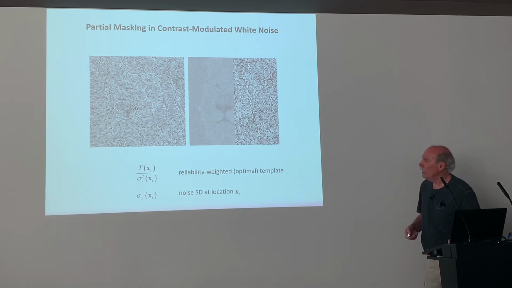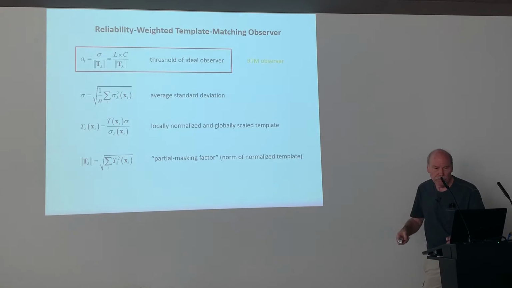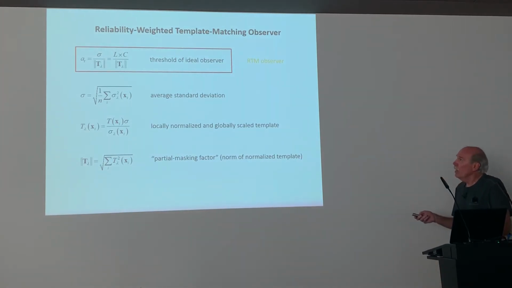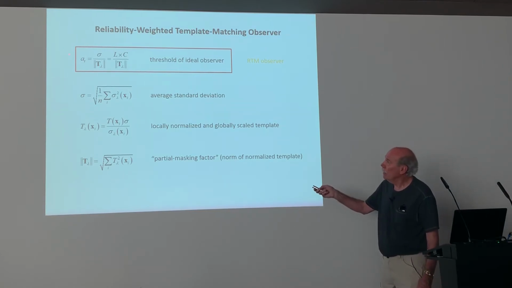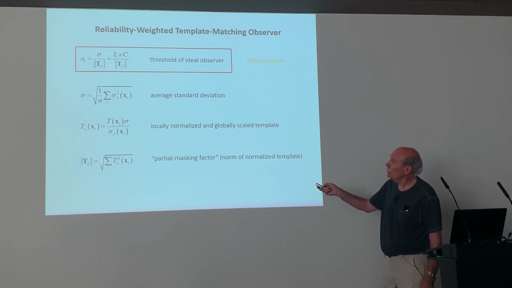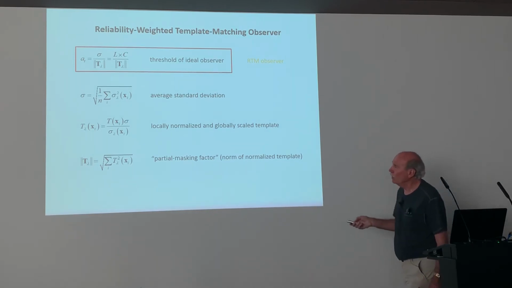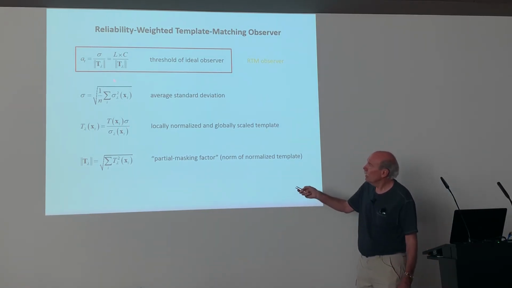What's that actually look like? You have to be careful when you do this because you want this noise estimate here to be independent of the other noise estimate you get from the background under the whole target. But anyway, I'm not going to take you through this, but here's what the threshold is. The threshold is going to be the standard deviation of the noise divided by this thing here, which we call the partial masking factor. The partial masking factor is just the norm of a normalized template.